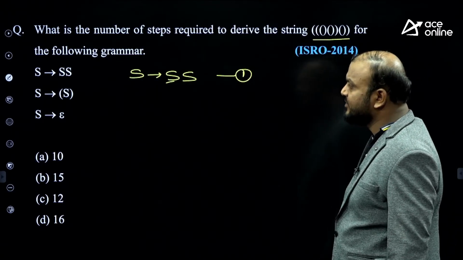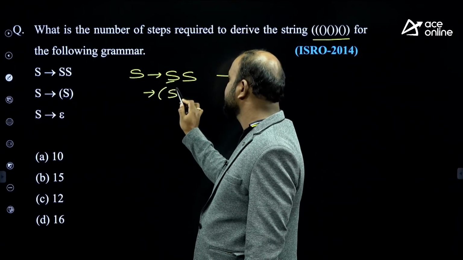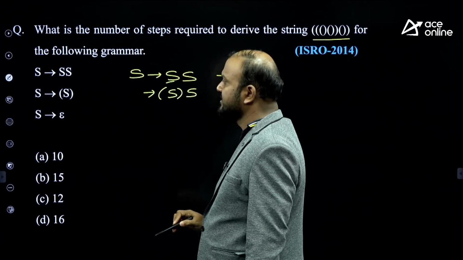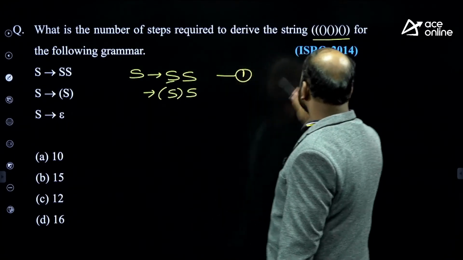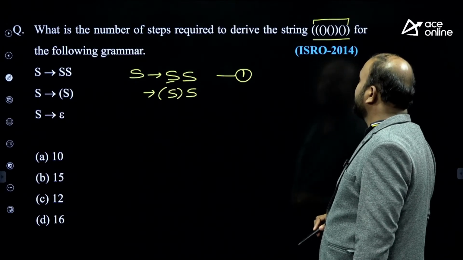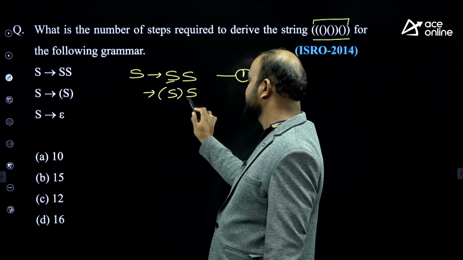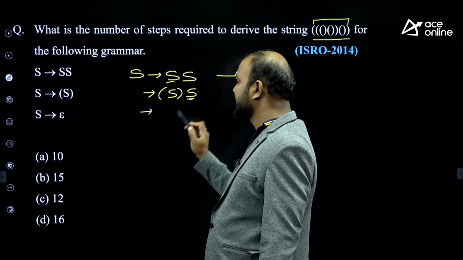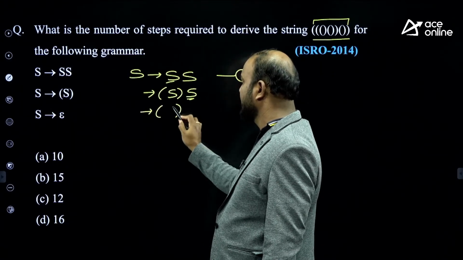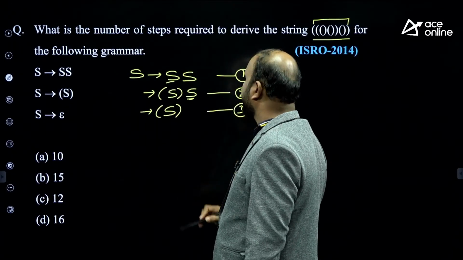That string I have to derive means S is to be replaced with open, S, close, and S. Because look at, everything is in single open and close. So one more S is there which is of no use. So I can replace this S, here I am using rightmost non-terminal, to be null. This is a second step and this is a third step.